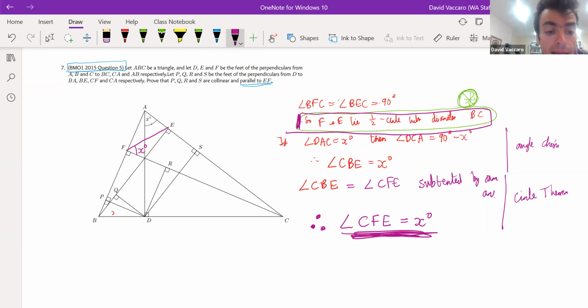Well, there are lots of other right angles around. For example, there's a right angle here and there's a right angle here. So if there's lots of right angles around, what do you think I can draw?